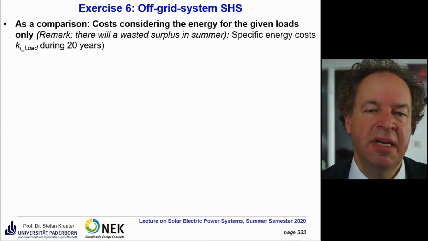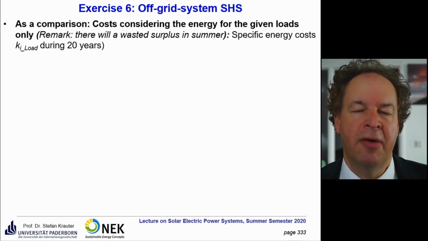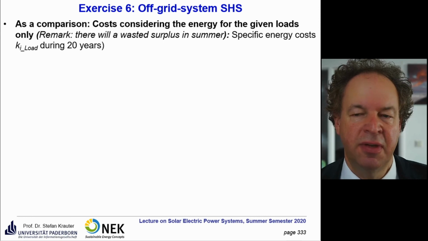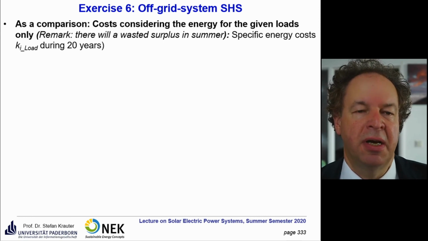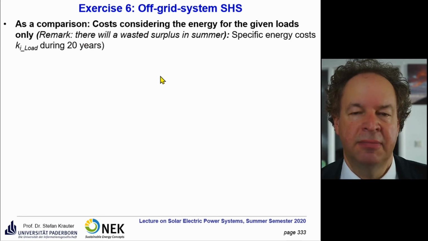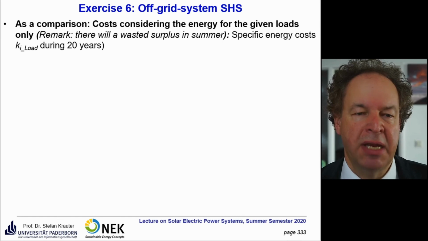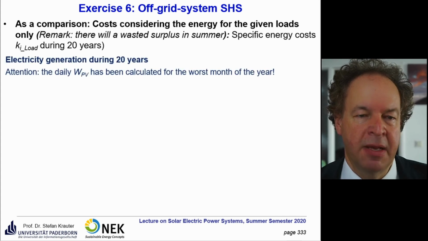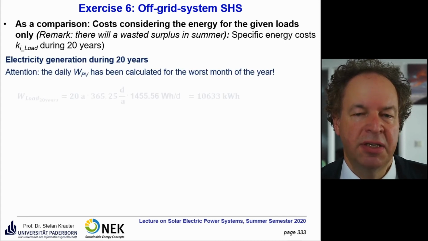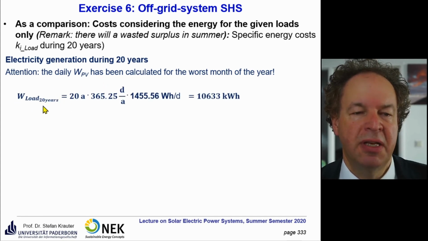As a comparison, now we consider the given loads, so even a bit worse. There will be wasted energy during summer, and we just consider the energy consumed by the existing loads given in that exercise. The electricity generation over 20 years is more, but now consider only the load being consumed.